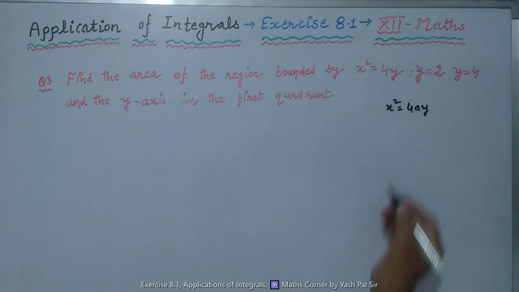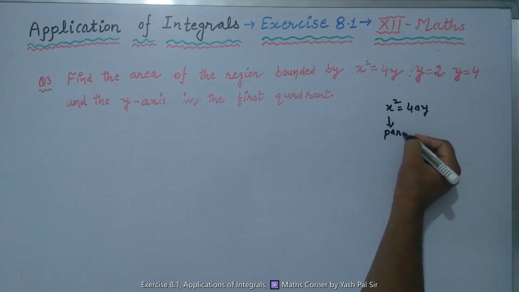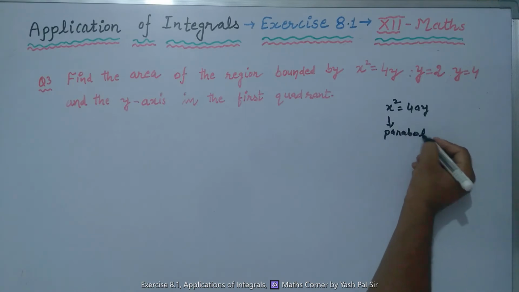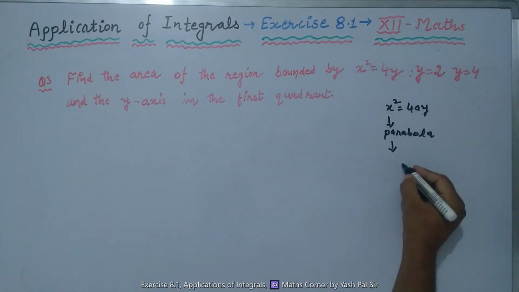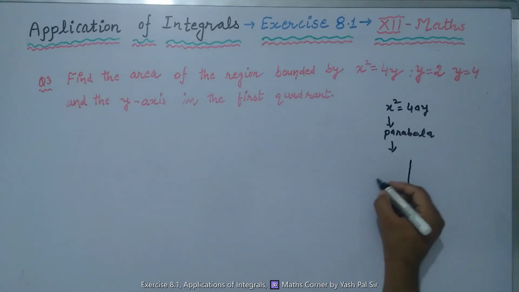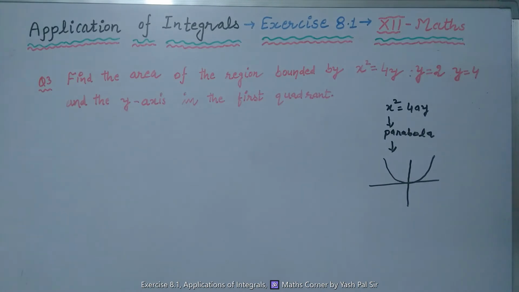This is the equation of the parabola. What is the form of the parabola? This parabola is an upward parabola. So this is the rough diagram, upward parabola.